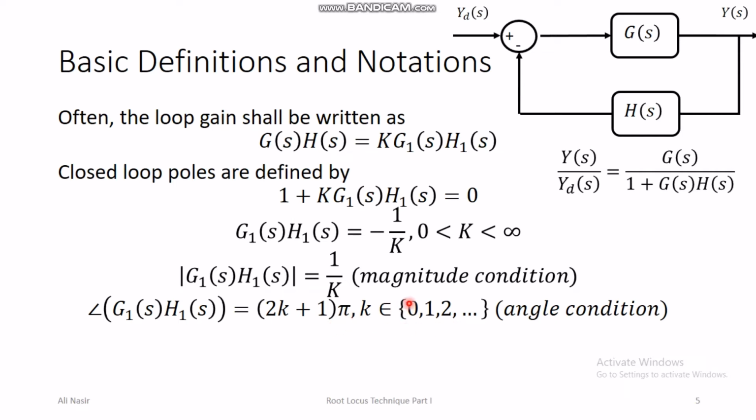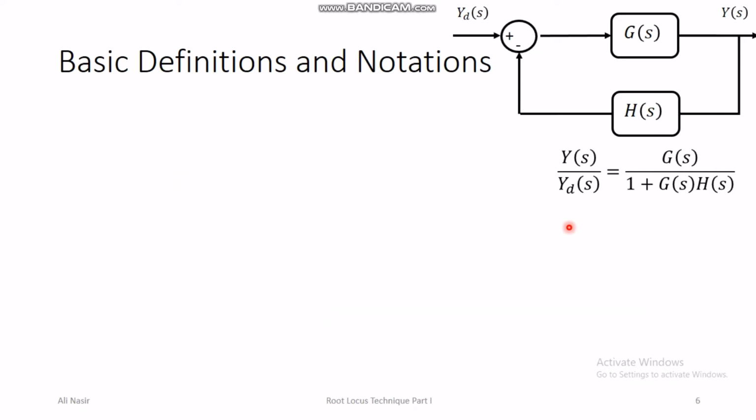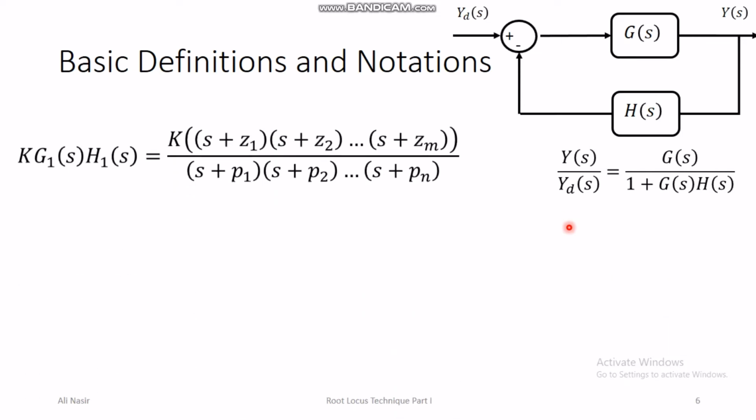Okay, so k into g1 of s h1 of s, since this is a transfer function, I just keep the k separate here. So g1 of s h1 of s is a transfer function. I can always write a transfer function in terms of its poles and zeros. This is one way of writing a transfer function.